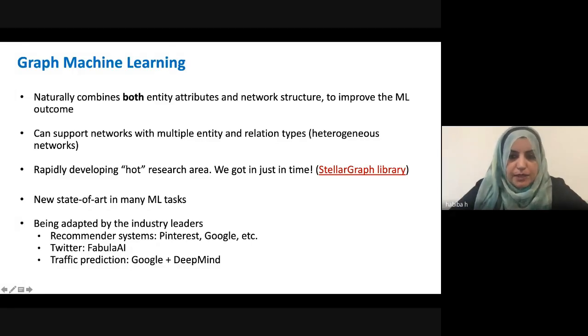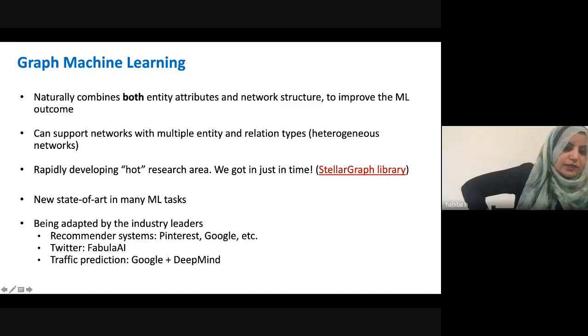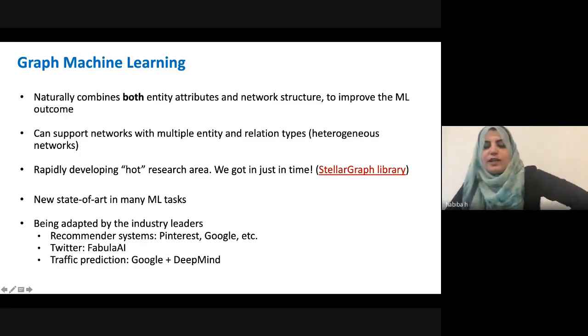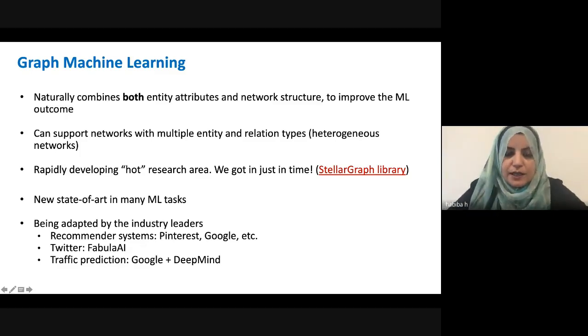The same idea applies here: how do we make methods that can work on graph structured data available for everyone? So this is where this library comes in, and do check it out. It has a number of demos and is quite easy to use. Feel free to talk to me anytime if you're interested in any of the methods and are unable to get it up and running for any applications you're working on.